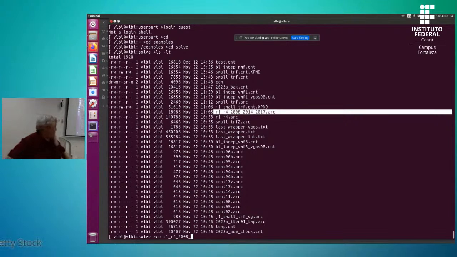I tried to make my screen bigger so you can see it. What we're doing is copying this one file to another file that has a shorter name, because we're going to be typing the name a few times. I'm just going to call it miss.r, miscellaneous.